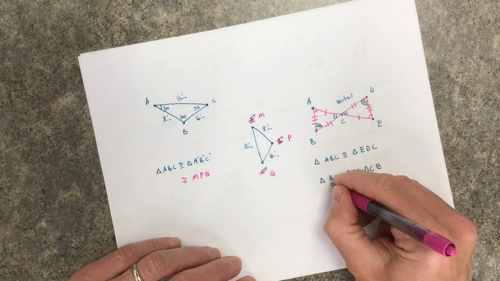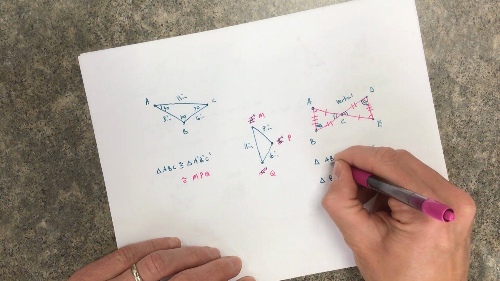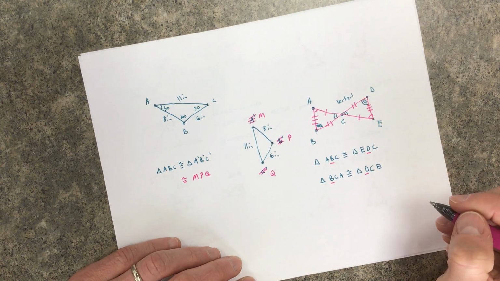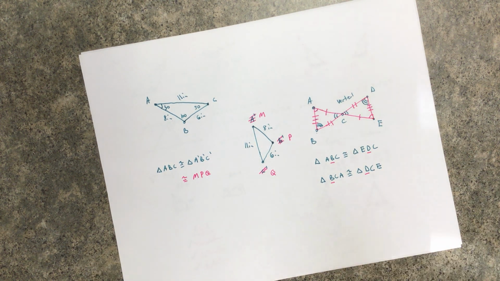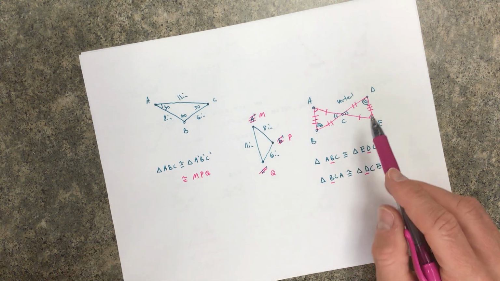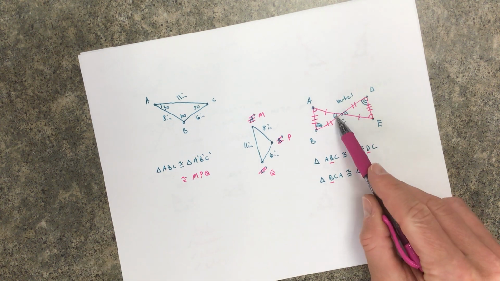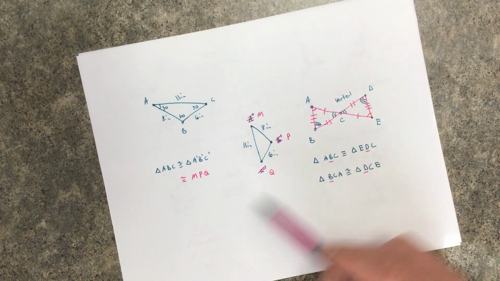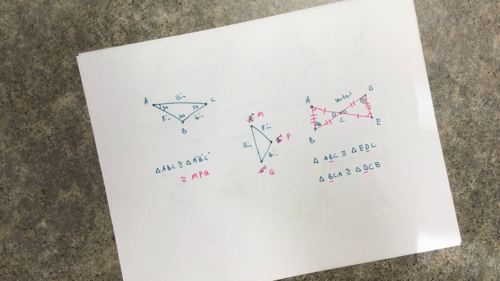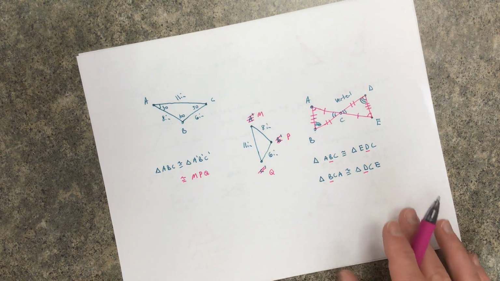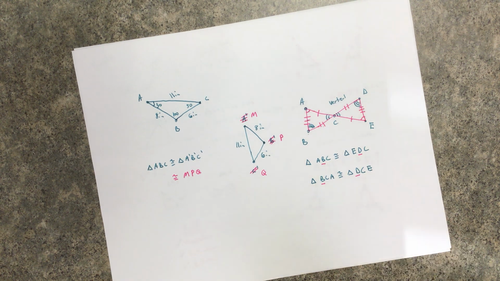In both cases, B and D are matched, right? And so on. So you have to be really careful with the letters, and then you'd write some proof to say, well, in this case, these vertical angles are the same, those angles were the same based on the third angle theorem, and then if you have all the angles and all the sides congruent, then you have congruent triangles, then you can go ahead and write the congruent statement, okay?